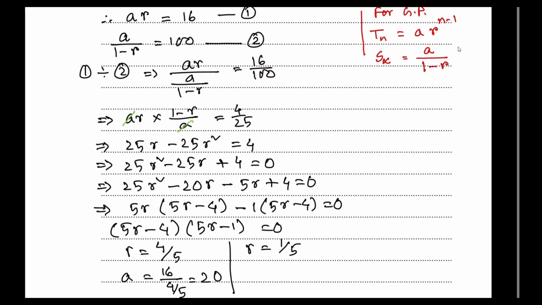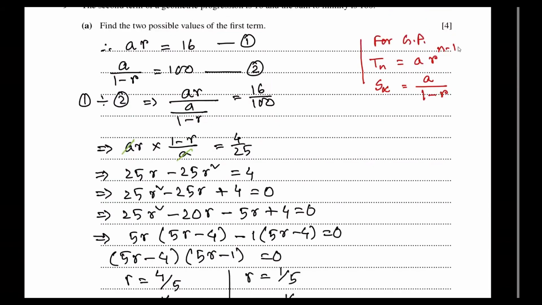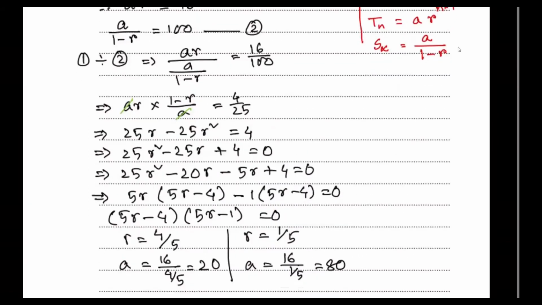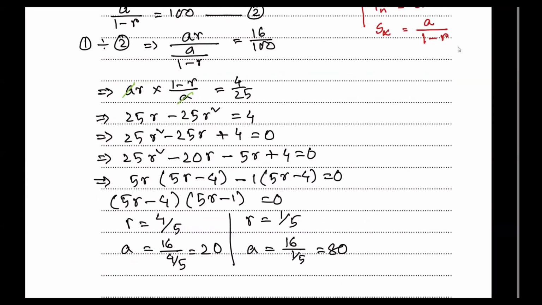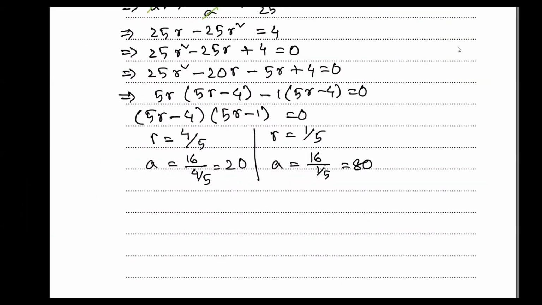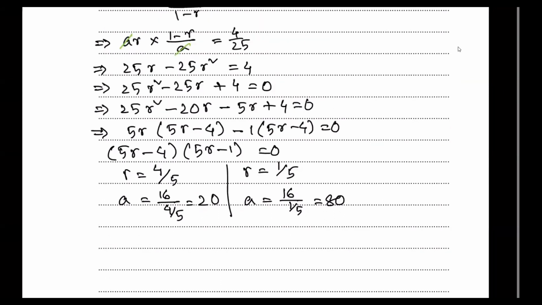If r is 1 by 5, 16 by 1 by 5, that is 80. We have two possible values of a and r. But the question is asking for the first term, so the possible values are 20 and 80. Now let's move on to the next part.